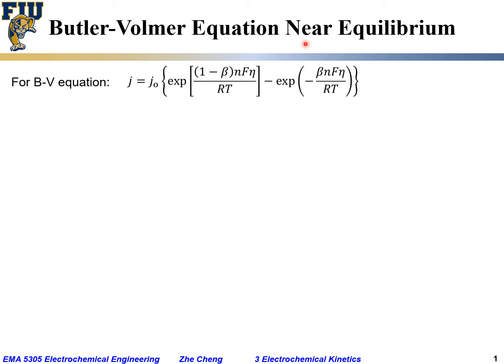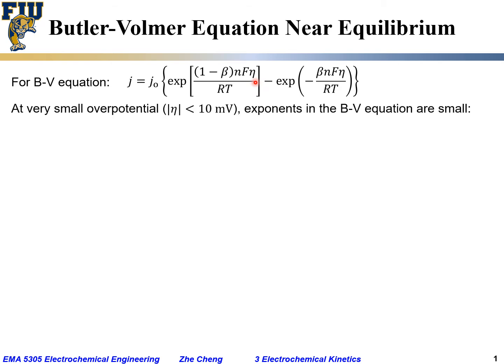Let's look at what happens when we use this equation under the condition of near equilibrium, which is very close to equilibrium, or the current would be very low and the overpotential would be very, very small. So when we are near equilibrium, it essentially means the actual potential would be very close to the equilibrium potential.